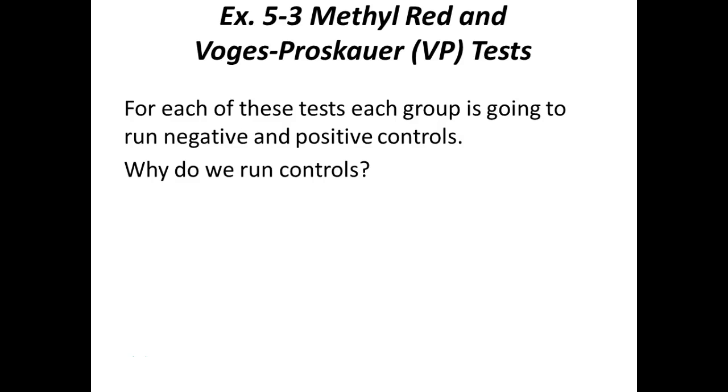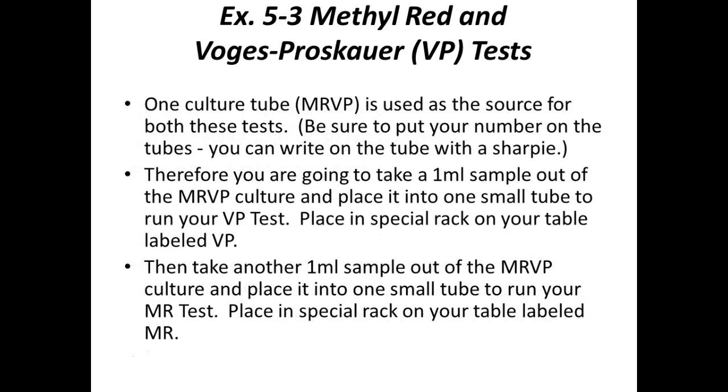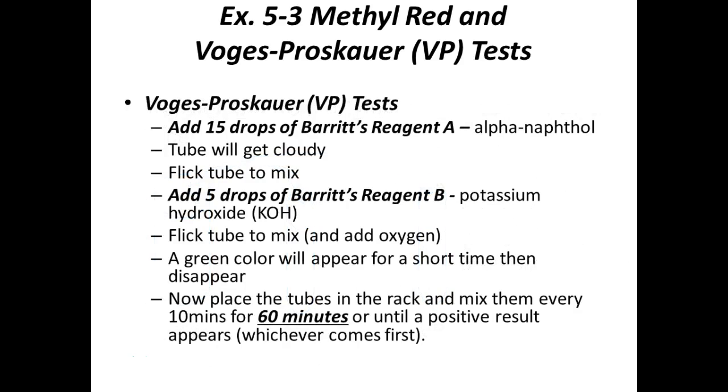And I had even pre-tested them yesterday to make sure that the reagents were good for you guys to use today. So I knew it was going to come out good today. So we want to know what positive and negative results truly look like, and we want to make sure that our reagents are good. So that was just our procedure, what we did.